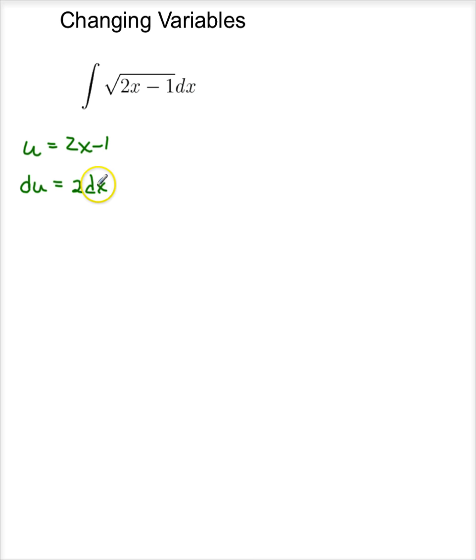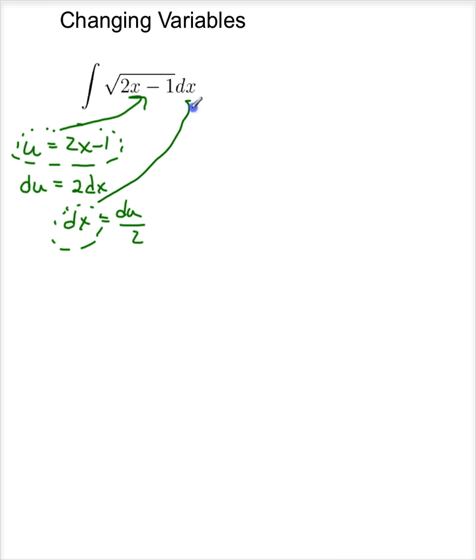Now, I need to substitute u and dx back into my equation. So I'm going to take this equation right here and solve this. dx is du divided by 2. And now I'm going to plug these in, this right here and this right here, the dx.